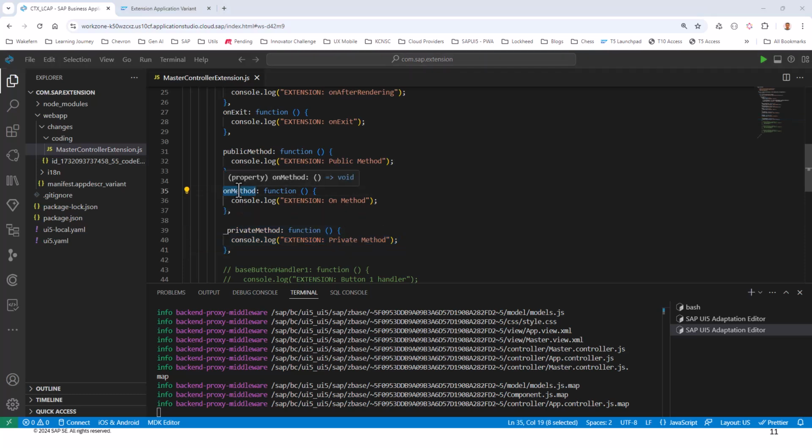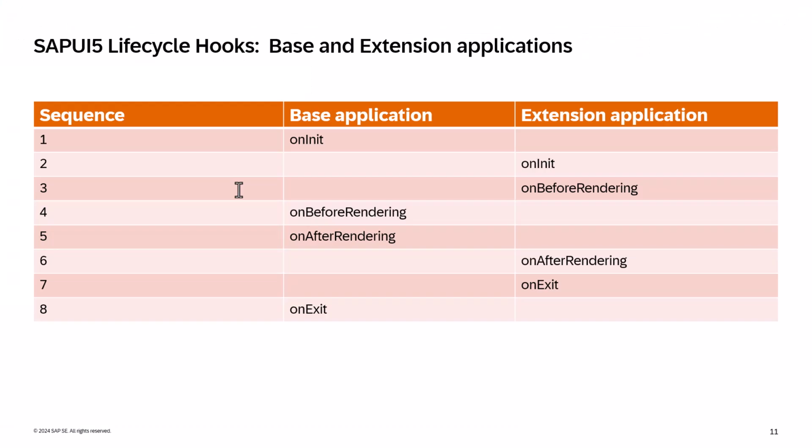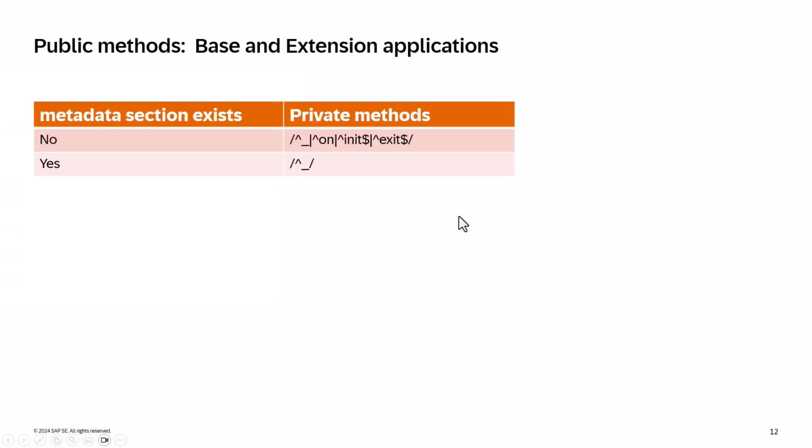But there is a small caveat though, and I don't know if this is a bug or not. In my base application, right now, I don't have a metadata section. The base application dictates what can be overridden.